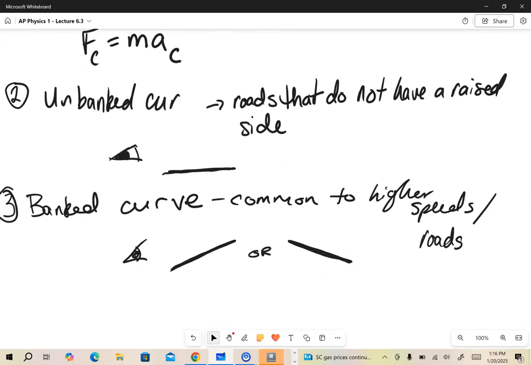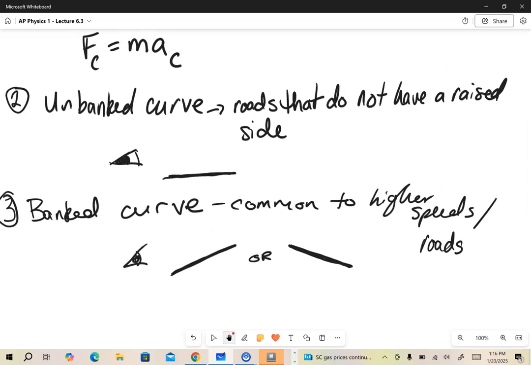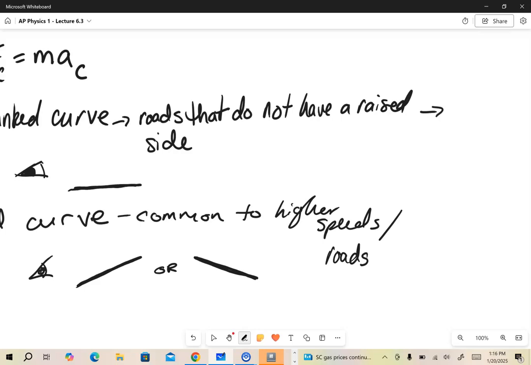One of the things I'd like to point out for banked and unbanked curves: for unbanked curves, one of the major assumptions we're going to make is that static friction is what keeps the car from slipping.